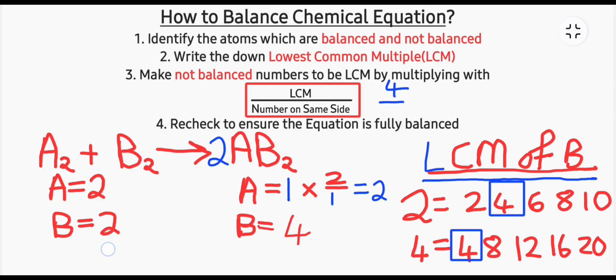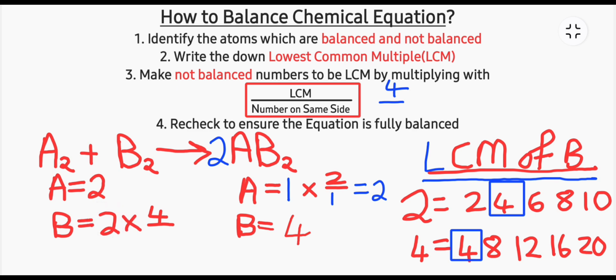So what I want to do is divide so that it is 4. If I make this my LCM 4, it will multiply 4 over the number on the same side, which is 2.